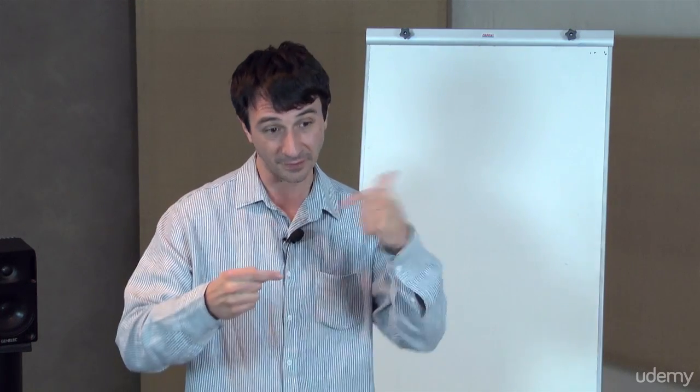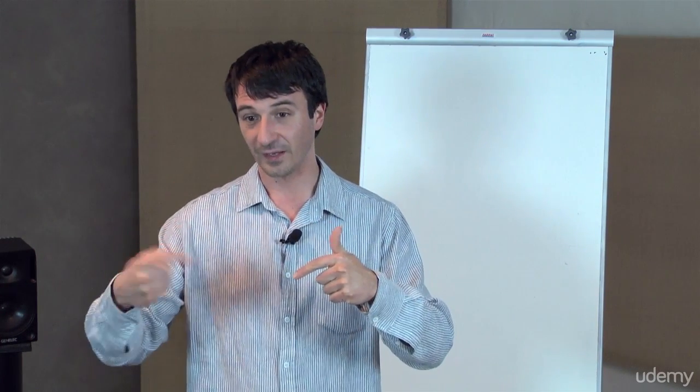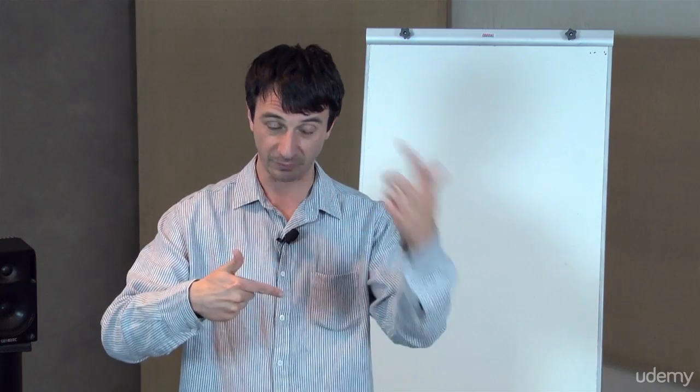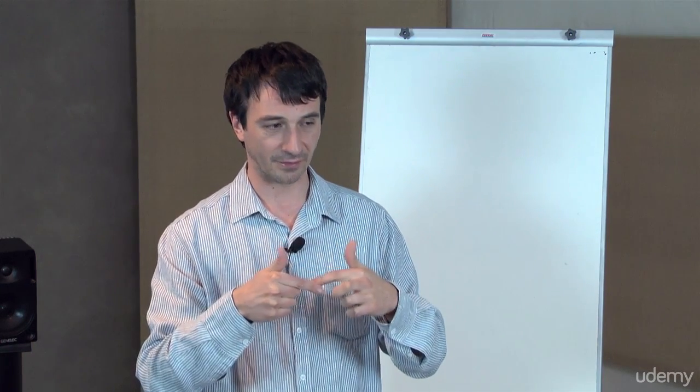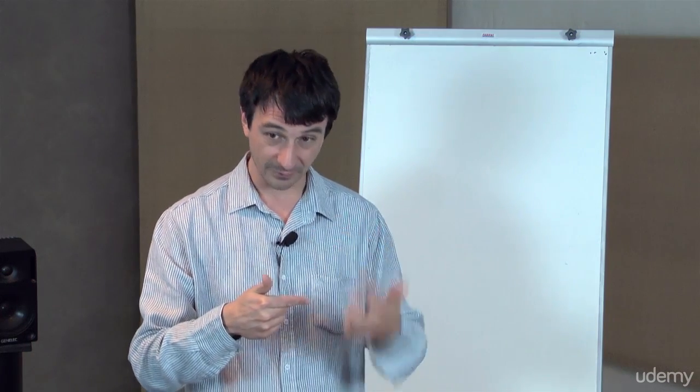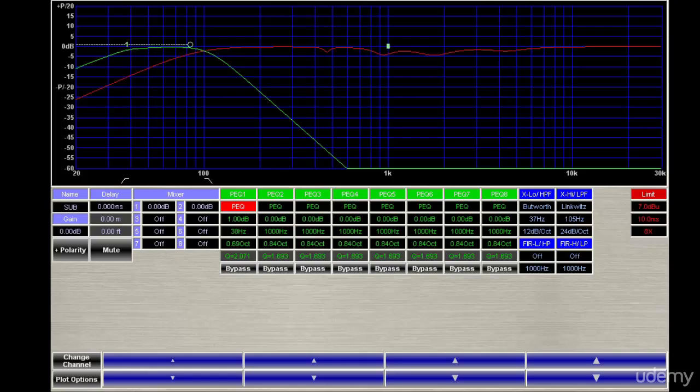So if we were at -3 on the one way and -3 on the other way, so the sub, for instance, and the top, at 100 Hertz, they both meet at -3. -3 plus -3 will give us back to 0, meaning that that gap there, that little dip, will go back to 0. Now, this is obviously totally theoretical.